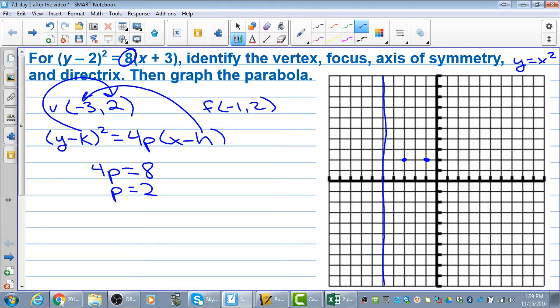That line is the equation x equals 1, 2, 3, 4, 5. So the directrix is x = −5. So I have the vertex, I have the focus, I have the directrix, axis of symmetry. That cuts the parabola in half. That's going that way. We usually don't graph that. But there's your axis of symmetry. It's the line y = 2.